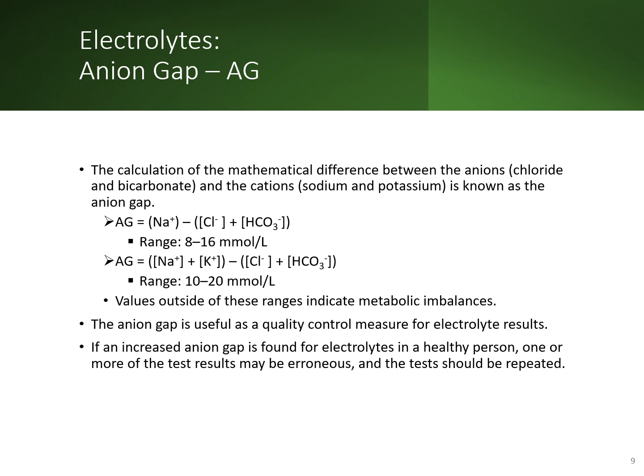So it's used as a quality control measure. Most of the machines will do this calculation for you and print it on your results. You are looking to see if it's outside of that range and determine if it's the patient or if it's something erroneous with the results that you need to look into, like contamination.